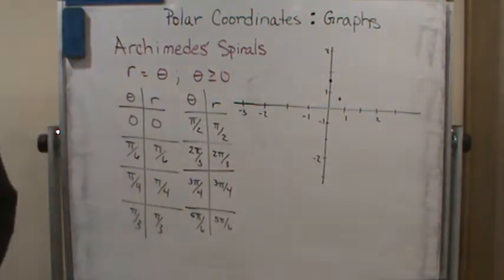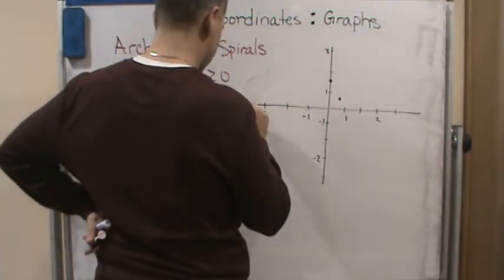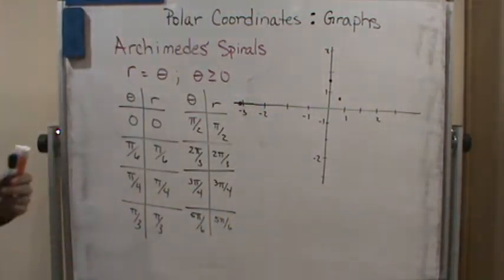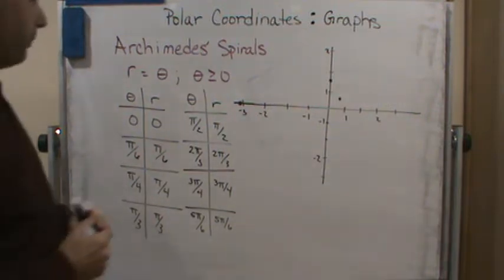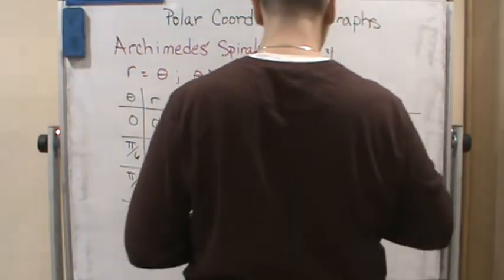Yeah, 3.14, so let's say that's about right there. And then at 3 pi over 2, that's 4.7, so that's going to be way down here, right?